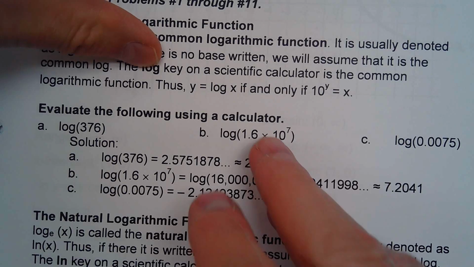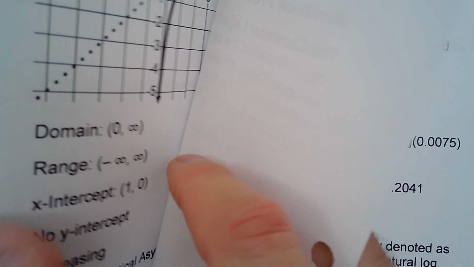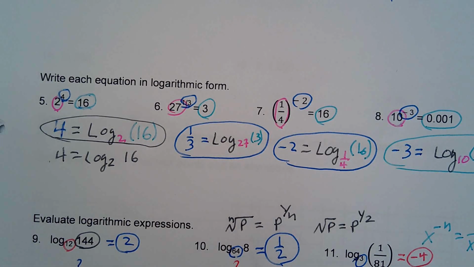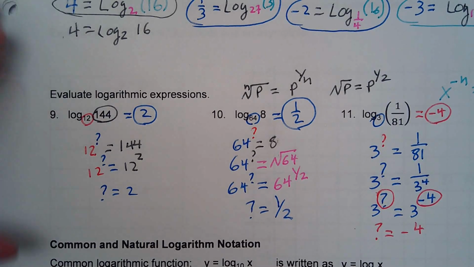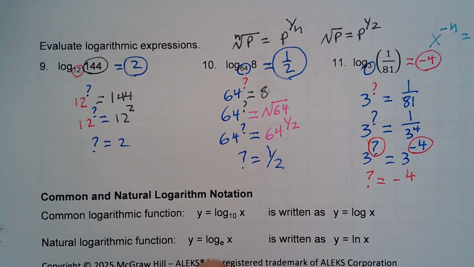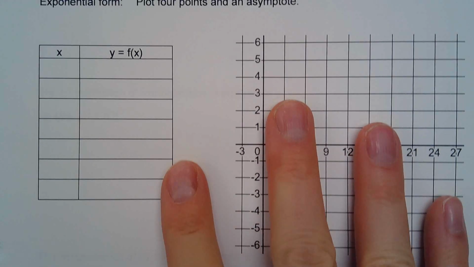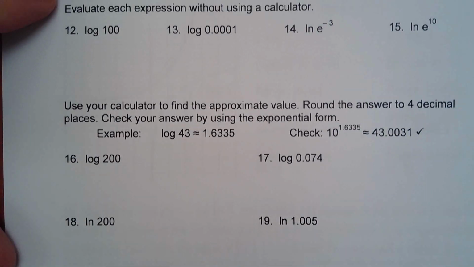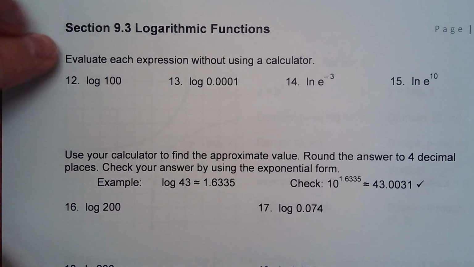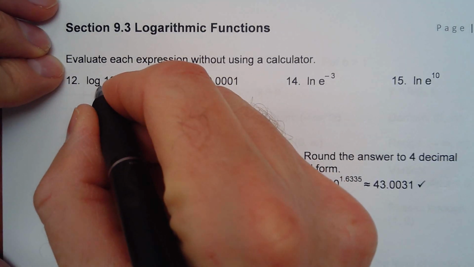So let's head back into the workbook and practice doing some of those exercises. At the bottom of this page, they just remind you what the common and natural log functions are. So if I'm asked to evaluate each expression without using my calculator, this is base 10.